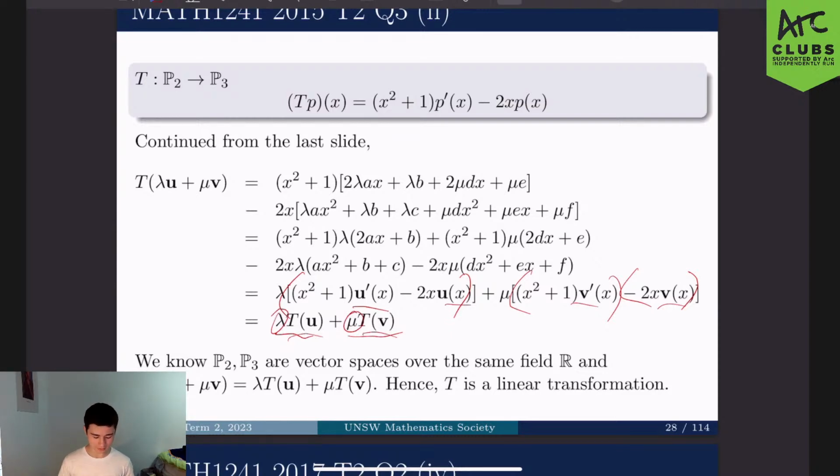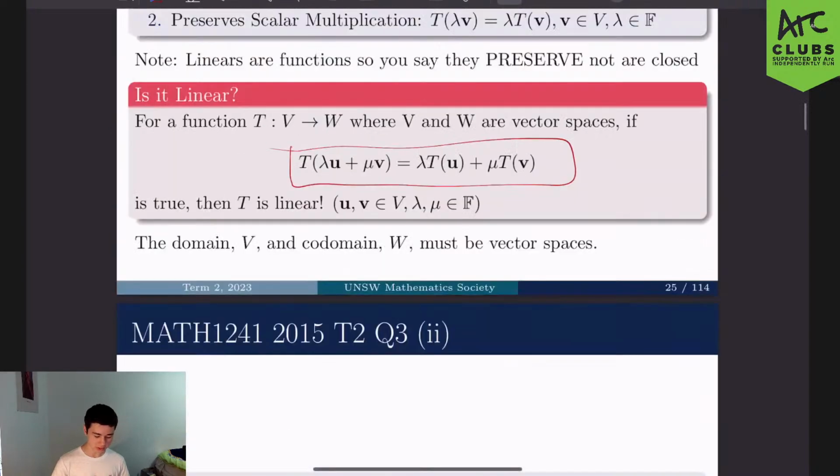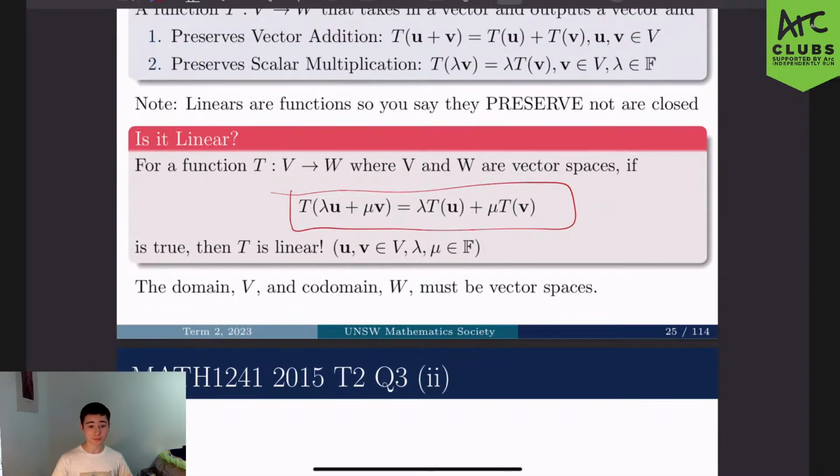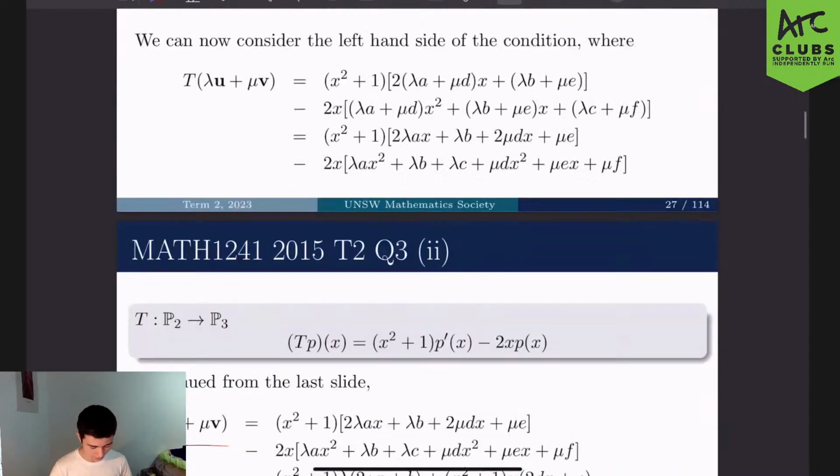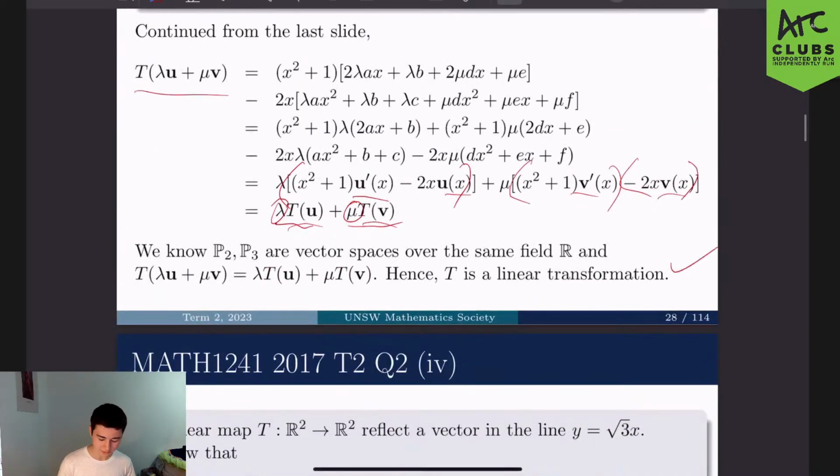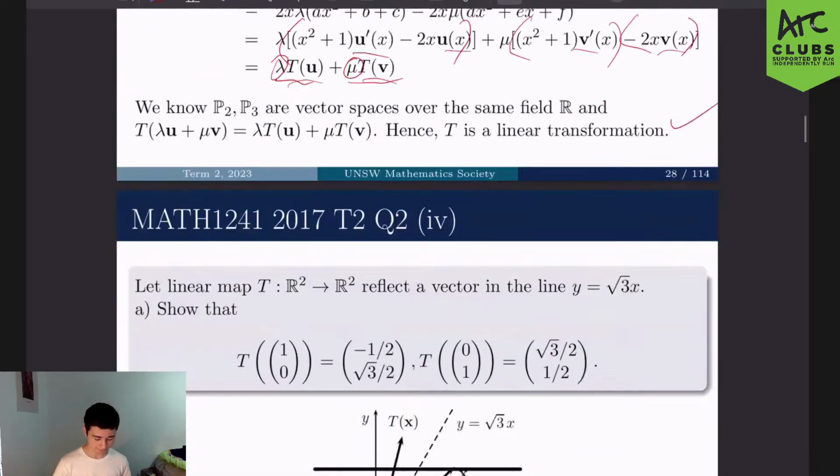And we've done it. We have shown that T of lambda u plus mu v equals lambda T of u plus mu T of v, which is our chunky little condition here. We've proven it, and therefore T is linear. Done, awesome. T is a linear transformation, we're very happy.